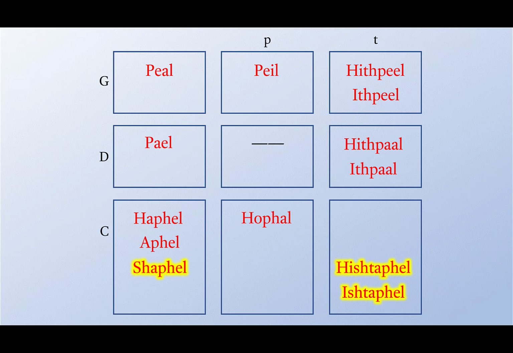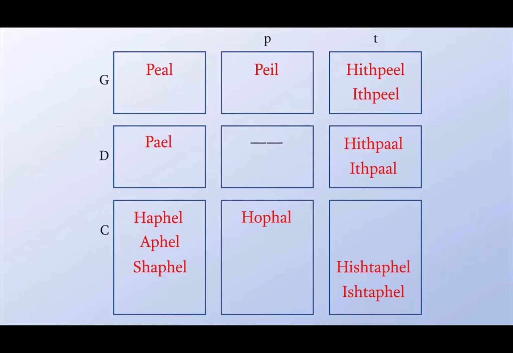There's a shin as the prefix rather than aleph, rather than hey. But shafel is a causative, just like afel and hafel are. Now, other Semitic languages have more shafel verbs than Biblical Aramaic does, but we should just be aware of the shafel as we read, because that also is one of the causatives.